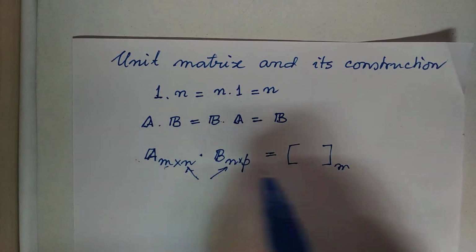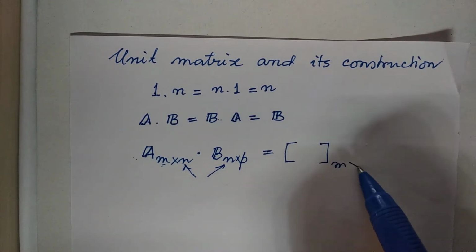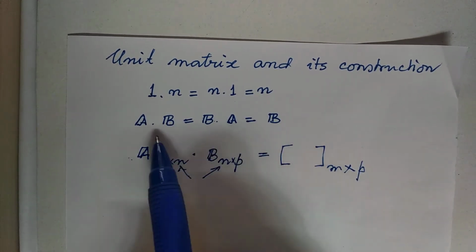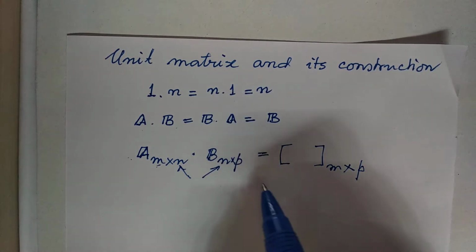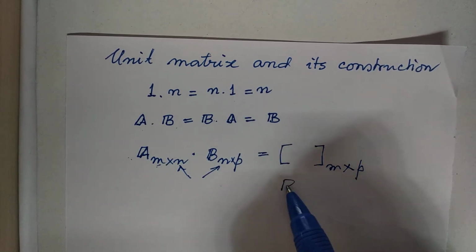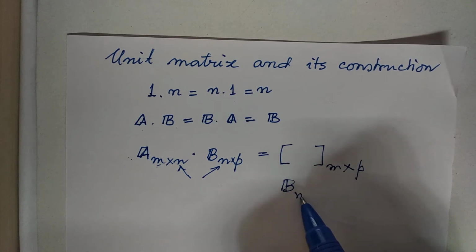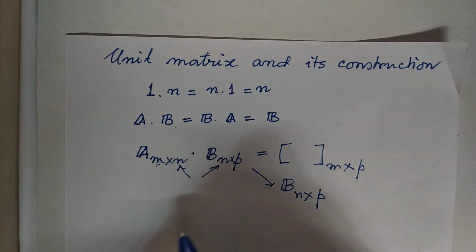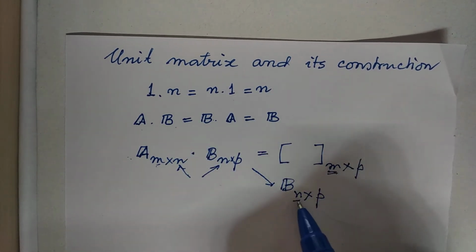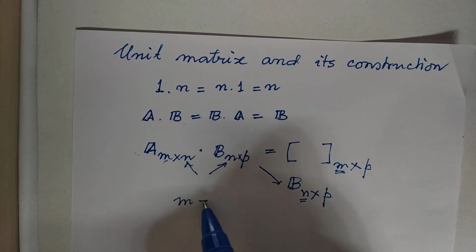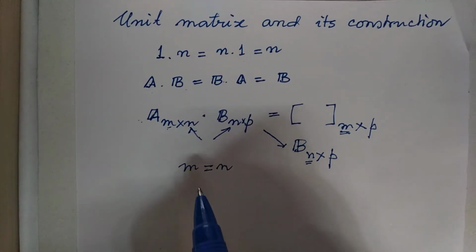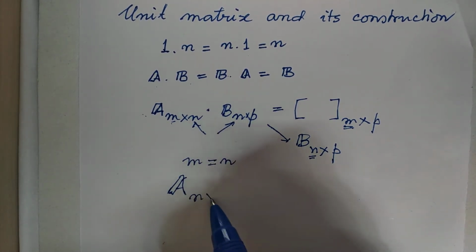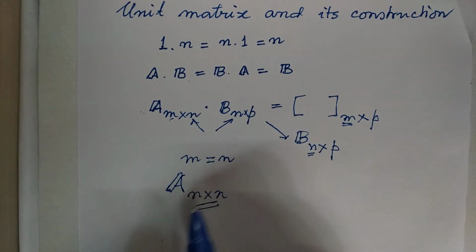The result of matrix multiplication will be a matrix of size m by p. But we want to get B back, AB equal to B. So we want to get the matrix B, n by p, as the result from this multiplication. So this m and n must be equal. We should have m equal to n, and therefore the matrix A should be of type n by n. It should be a square matrix.